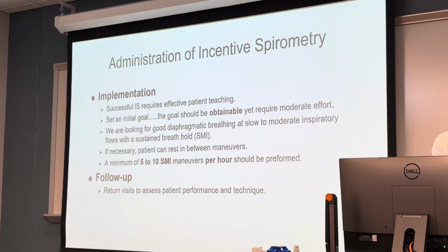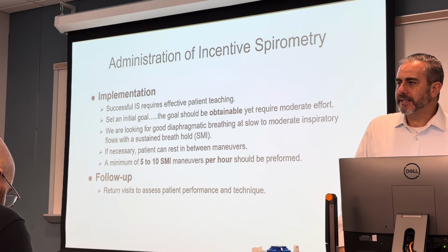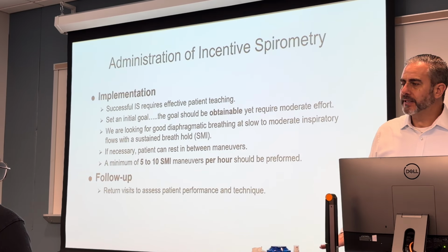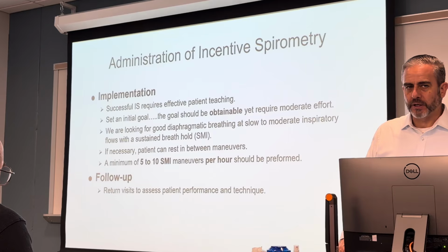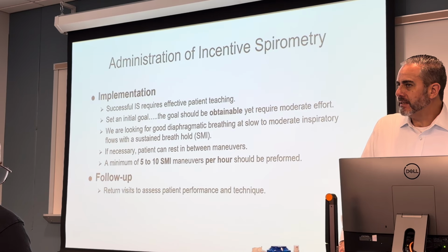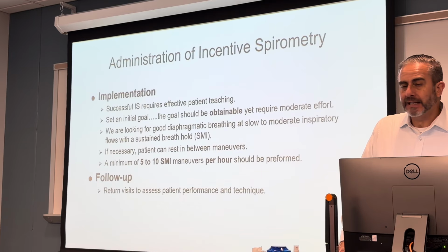We're looking for good diaphragmatic breathing at slow to moderate inspiratory flows with that sustained maximal inspiration, with the breath hold. Now when the patient performs this, we're not doing this quickly, we're not doing this fast, it's not a rush thing. If the patient does a couple of good deep breaths and needs to pause a few breaths in between, that's fine.